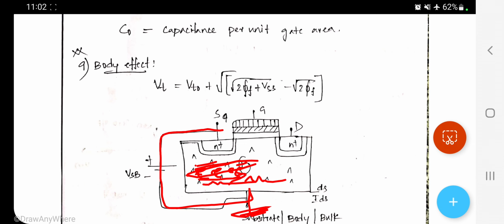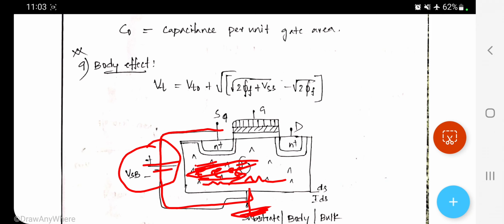So this resistance times the current due to movement of electrons, because of external temperature increase or radiation, gives a source to bulk voltage which should not be there, but because of some extreme circumstances VSB can come into the picture.